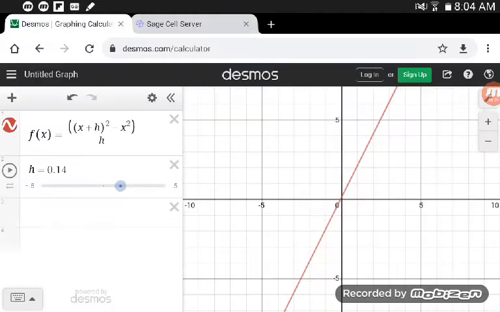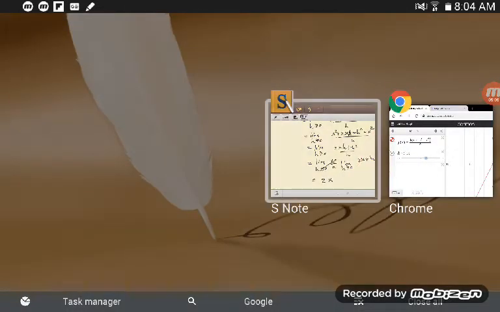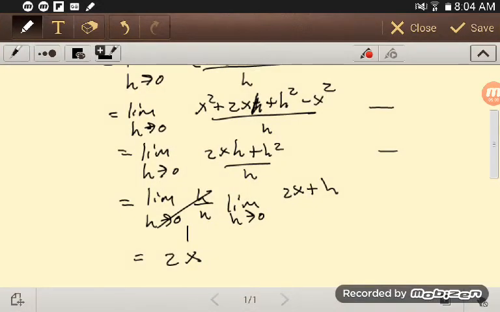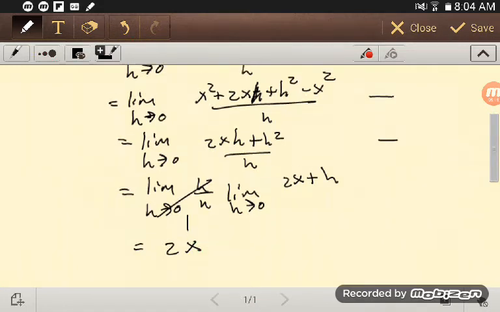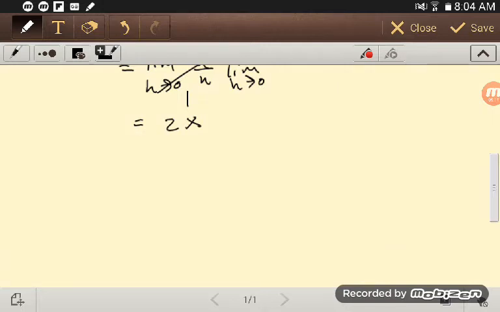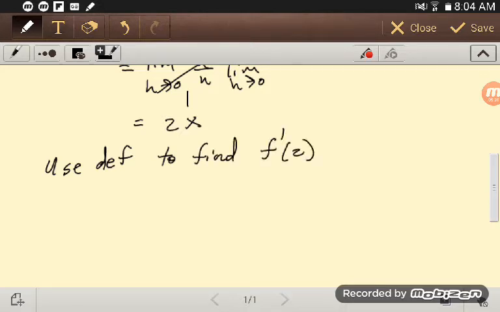Now, with that, let's go back, and in this case, Desmos could be helpful if instead, it asks for, you use the definition to find f prime of 2, something like that.